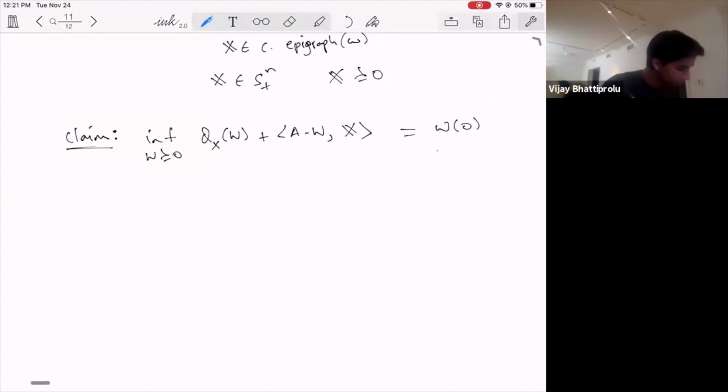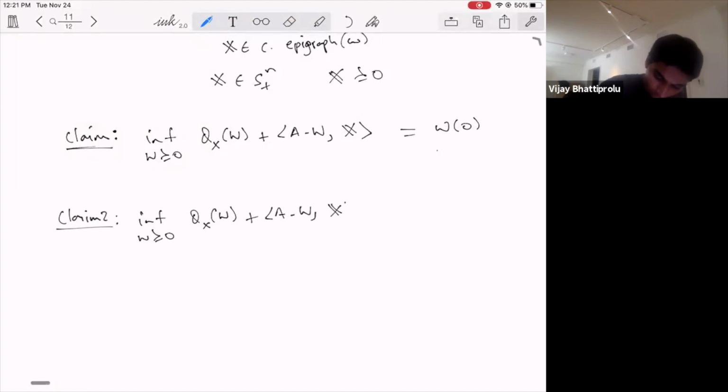We're going to show claim 2, that the infimum over PSD W of QX of W plus A minus W inner product bold X. By the way, an important thing to keep track of here is W is now a generic PSD matrix.